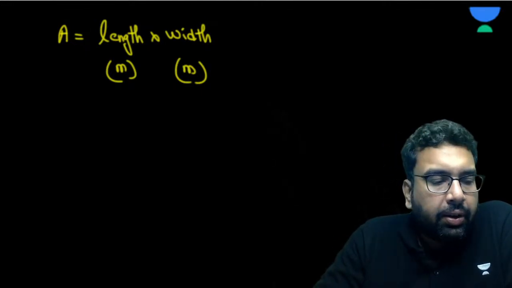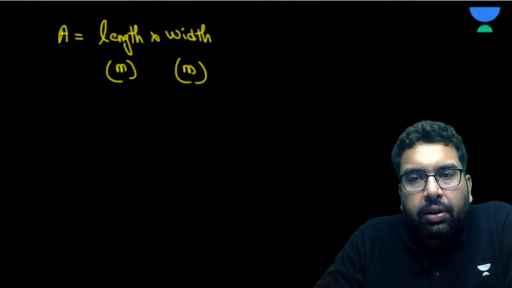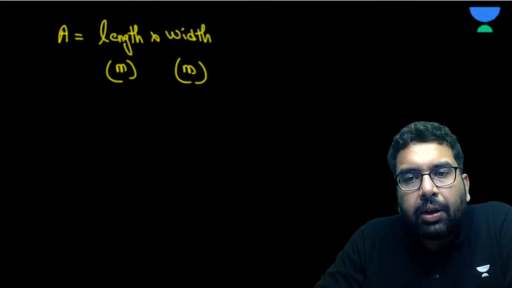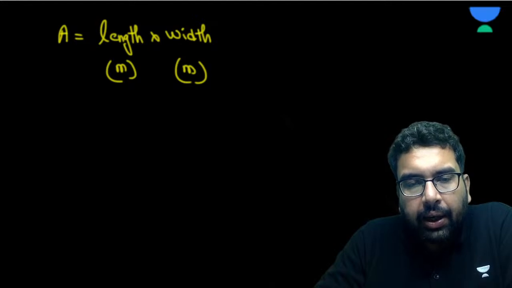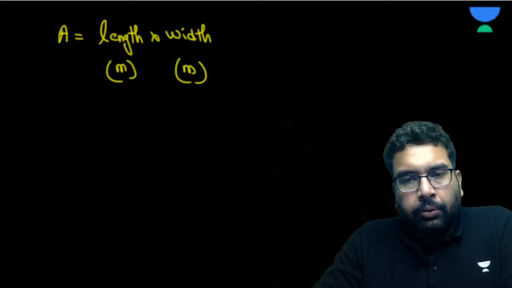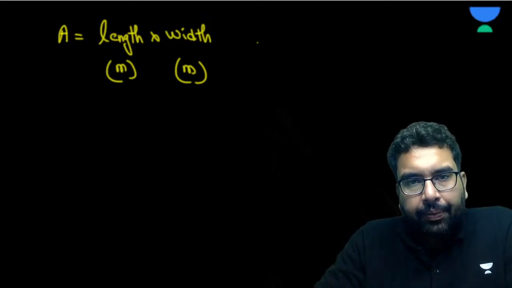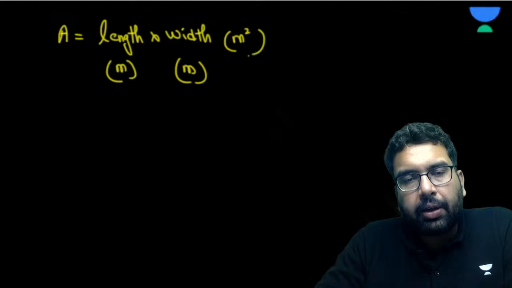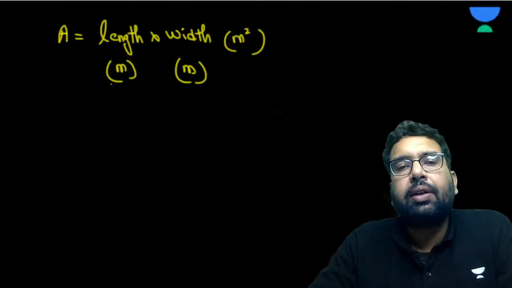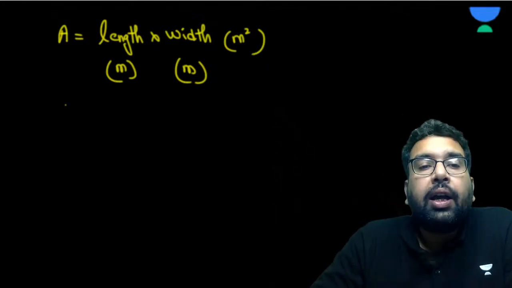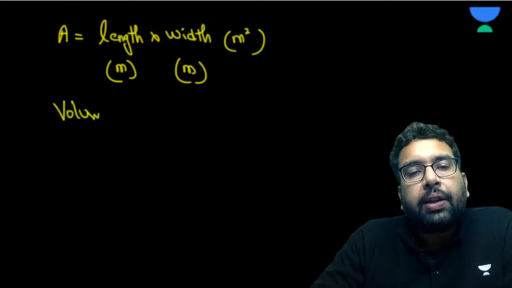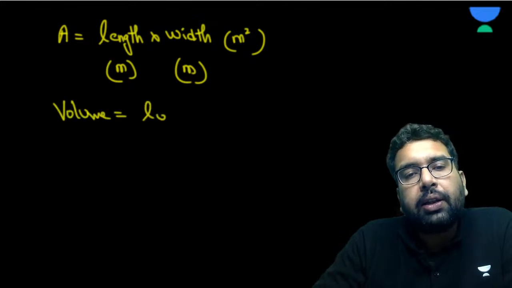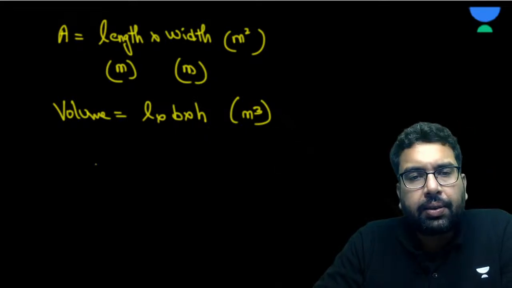Anything more than the fundamental quantities when used, like in this case, the length is used twice, the unit becomes meter square. So area is a derived quantity. Like volume: it is length into width into height. So what will be the unit? It will be meter cube. Isn't it very simple? We know all these things.